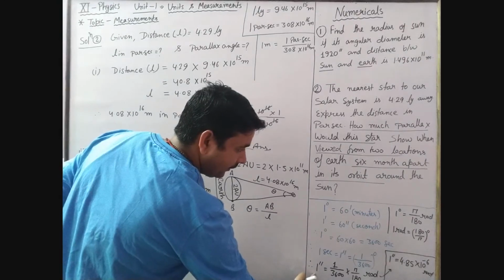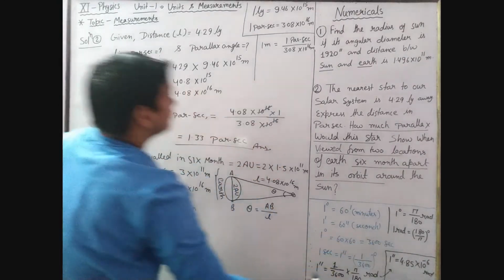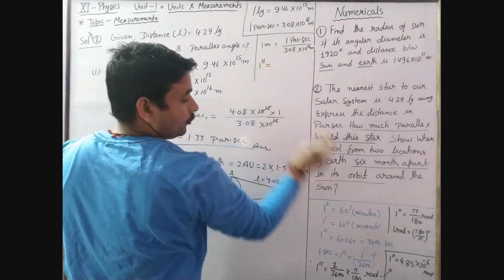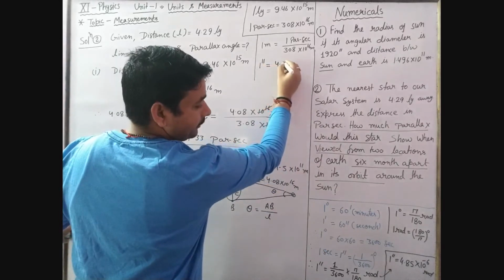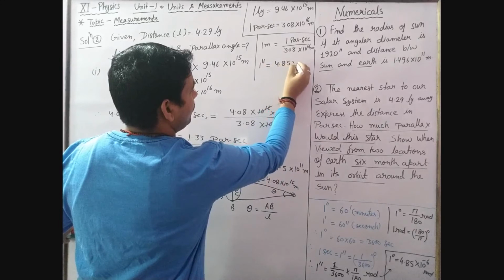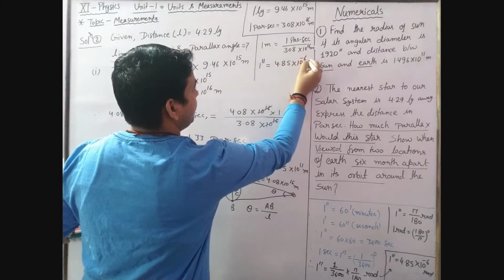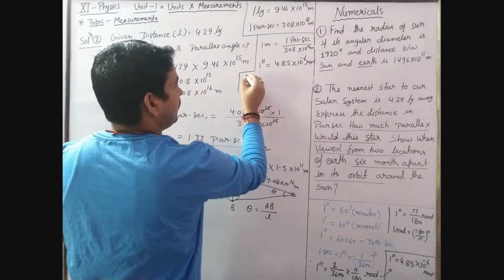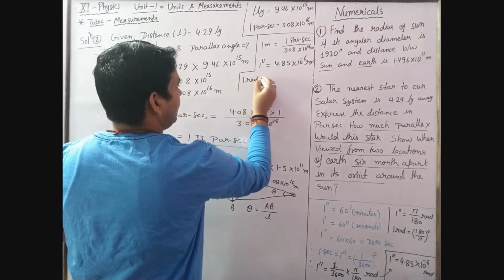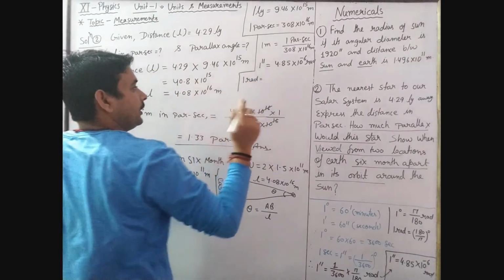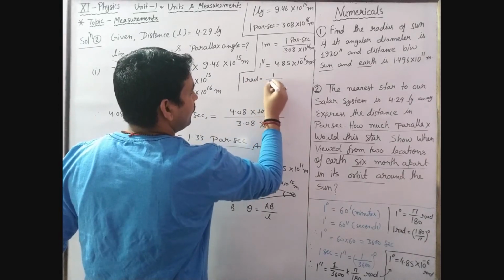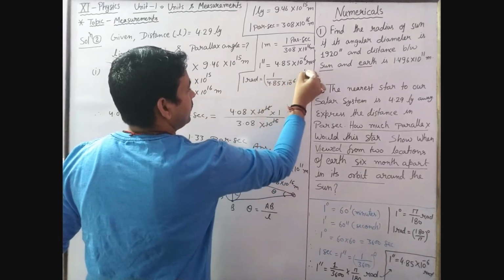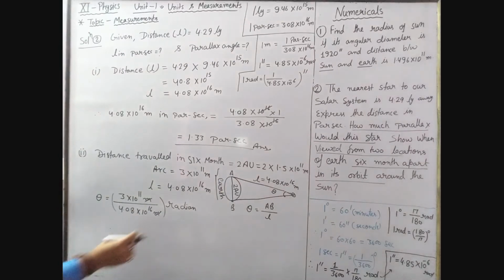So from here, as we have 1 second is equal to 4.85 into 10 to the power minus 6 radian, therefore 1 radian is 1 upon 4.85 into 10 to the power minus 6 second.